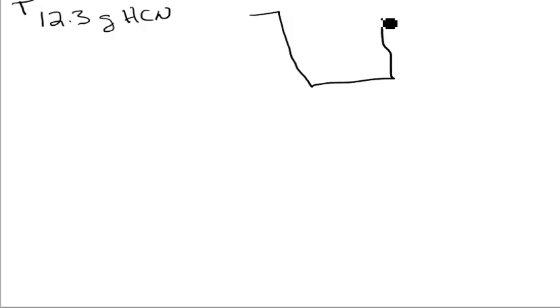So let's switch over to write this. So in this case, we have 12.3 grams of HCN in our beaker here that has 0.125 liters of water.